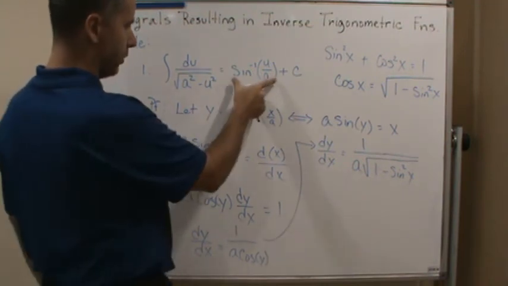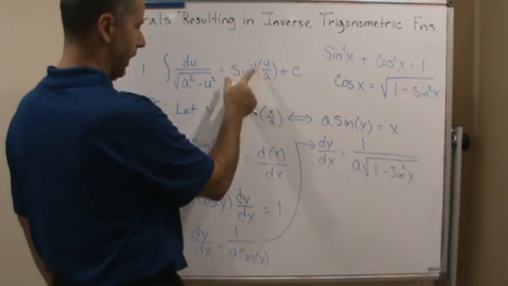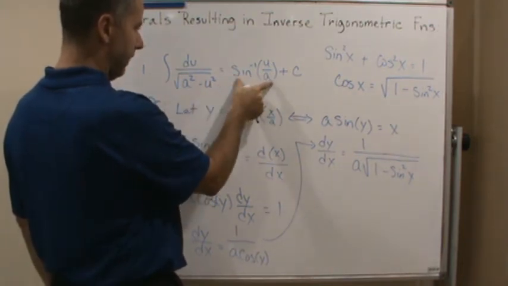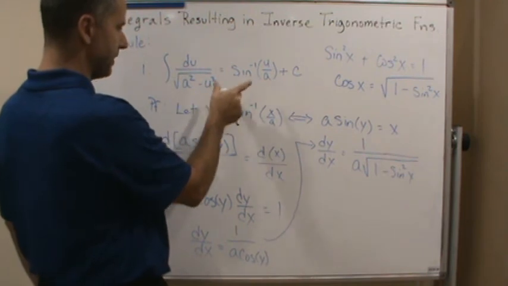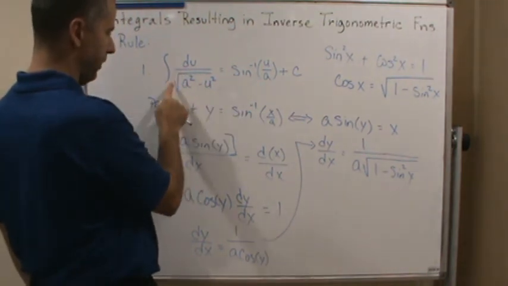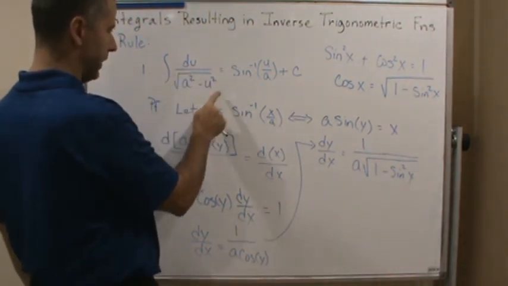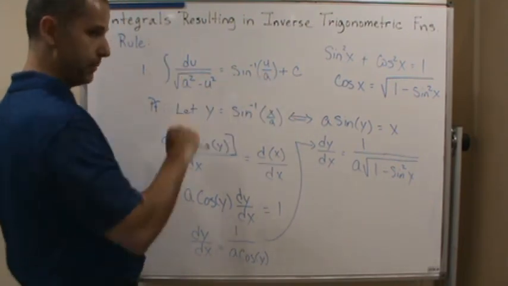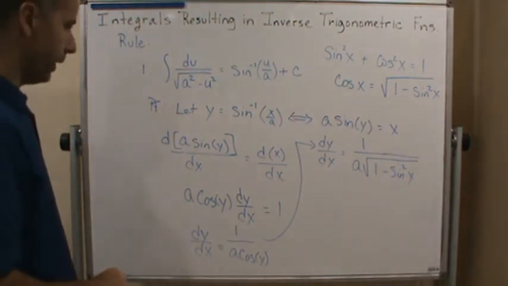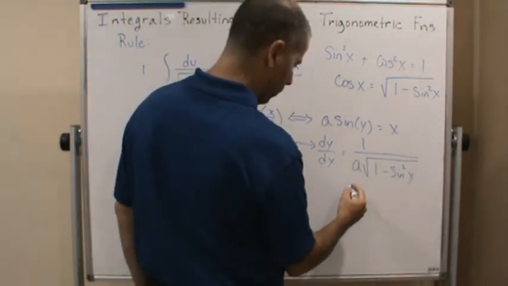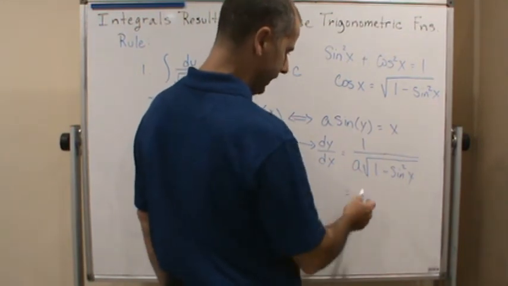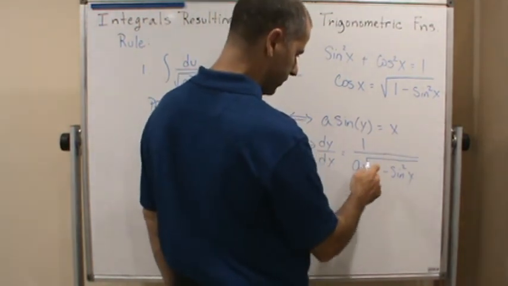I started with this side and took the derivative. This is equal to y, and I took the derivative of both sides, and I'm trying to get to this right here, because if I can show that the derivative of this gives me this, I'm done. Now I'm going to distribute the a inside the radical, so I square it.